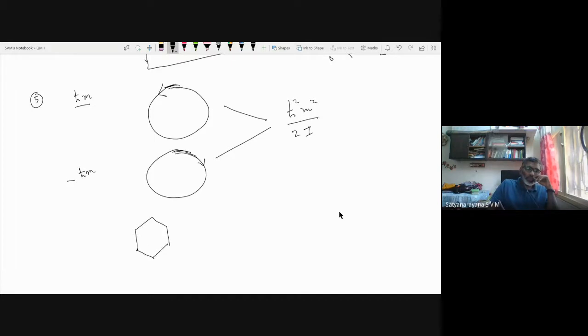So you have this benzene, carbon, carbon, carbon, carbon, carbon, carbon, and then there is hydrogen, hydrogen, hydrogen. This benzene molecule is a hexagon, and you can see that it is made up of some double bonds like this.